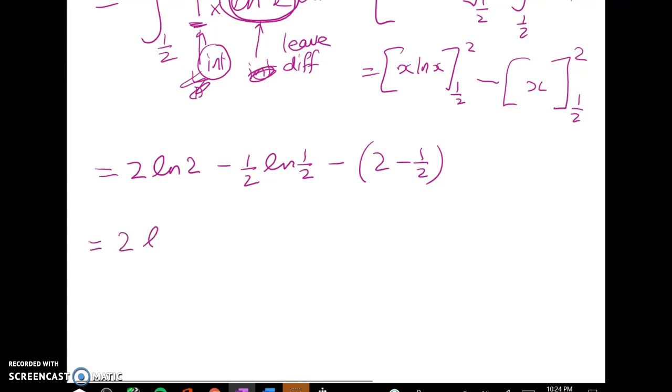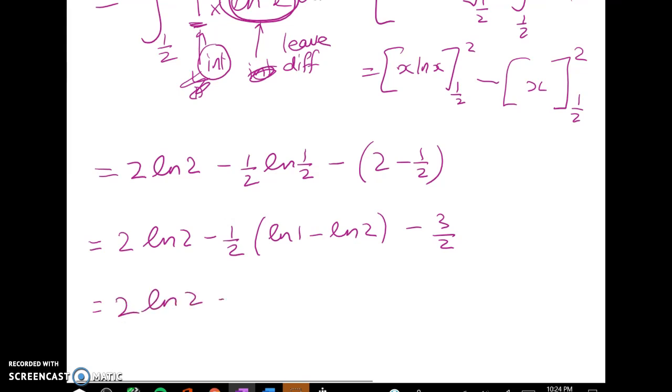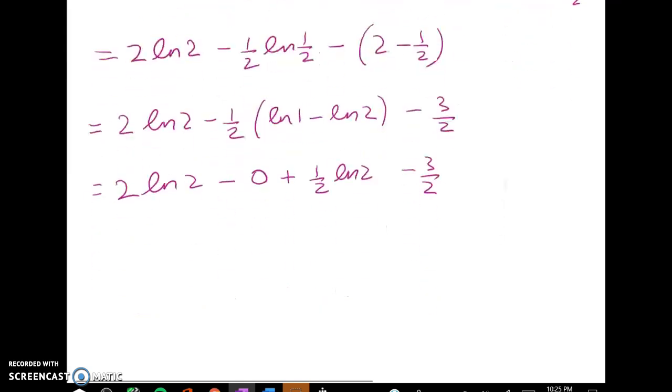We've got equals 2 log 2 minus a half times the natural log of 1 minus the natural log of 2, minus 3 over 2, which is 2 log 2 minus 0 plus a half log 2 minus 3 over 2, which simplifies to give me 5 over 2 natural log of 2 minus 3 over 2. Right, so that's my final answer for that one.